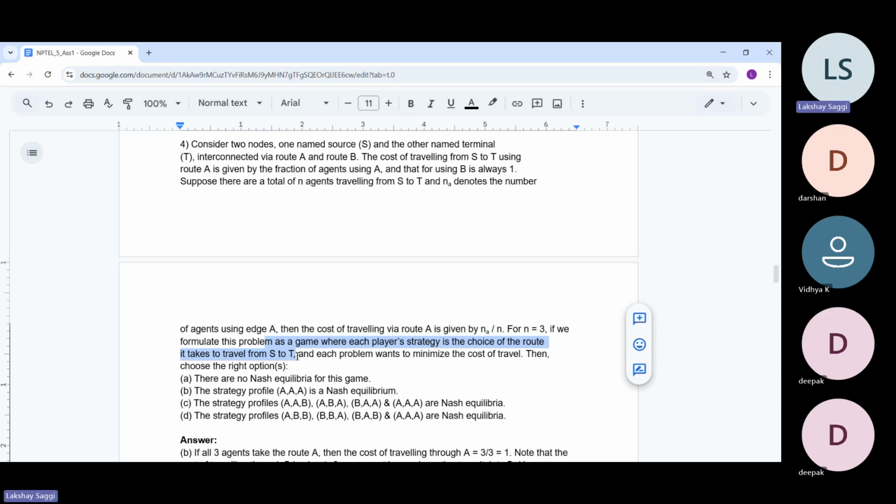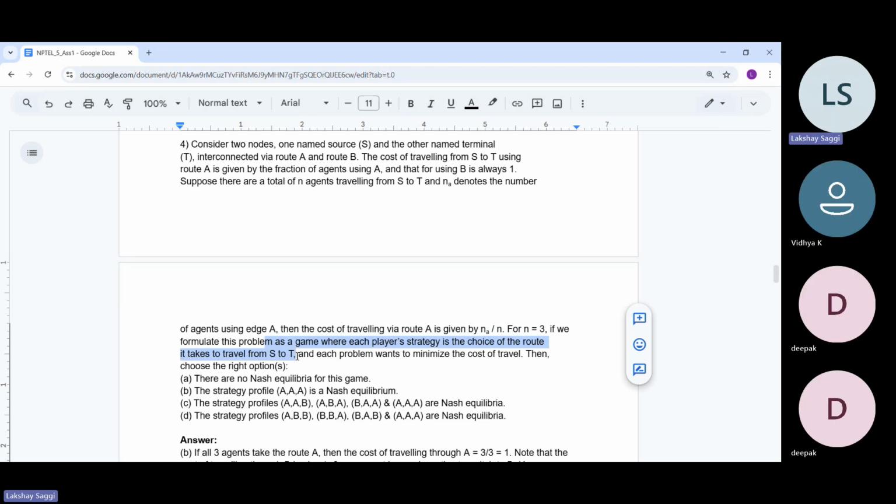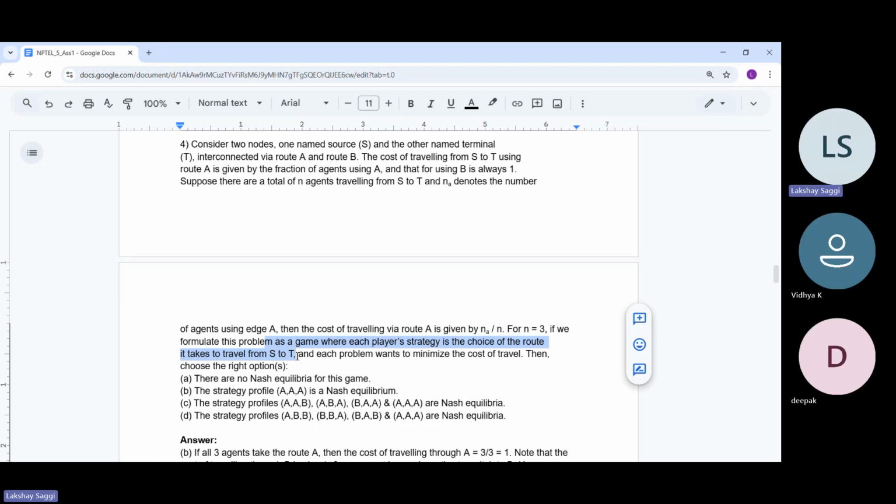There are three people, and each of them can choose whether they want to take route A or route B. So there are two choices for each of these three people, so there will be a total of eight possible strategy profiles, 2 raised to the power 3.